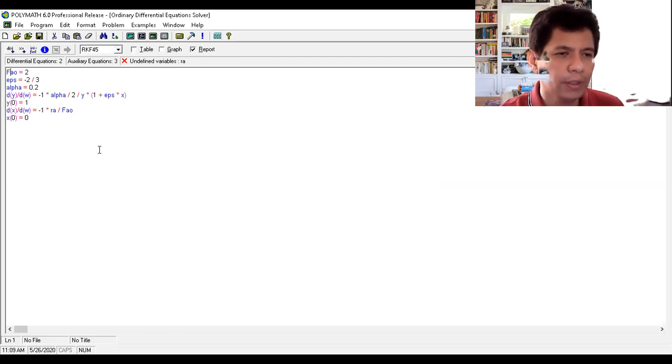Okay. So as you can see, right now, we need to calculate R sub A. So we need to enter the explicit equation for R sub A. If you still remember, let me see if I can annotate this. I can annotate right here on the screen.